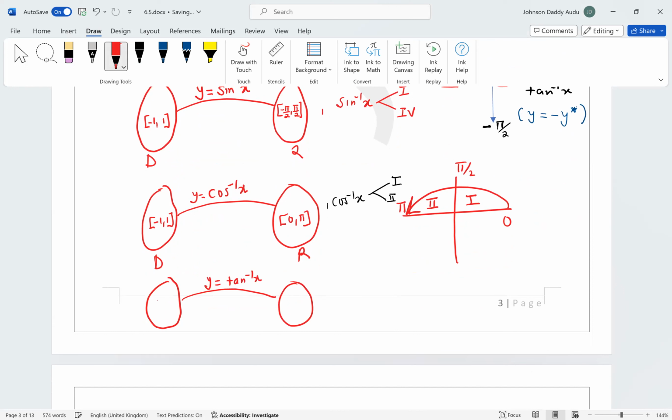What is the domain and the range? The domain for tan inverse is what? Remember, we restrict it to minus pi over 2 to pi over 2. But what is the range? The range is the whole of R. No, sorry, this is the domain here.